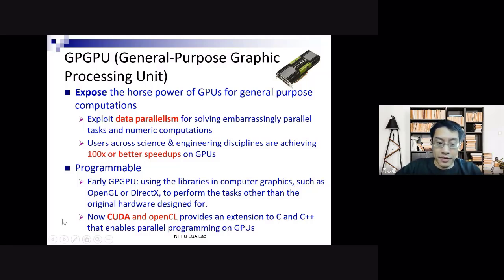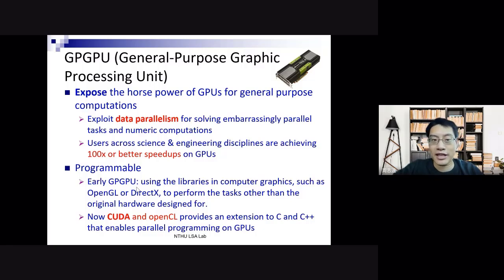Even on the earlier GPUs, you could already run some general purpose programs. But without proper tools, what you could do was use the libraries meant for image rendering, like OpenGL and DirectX.